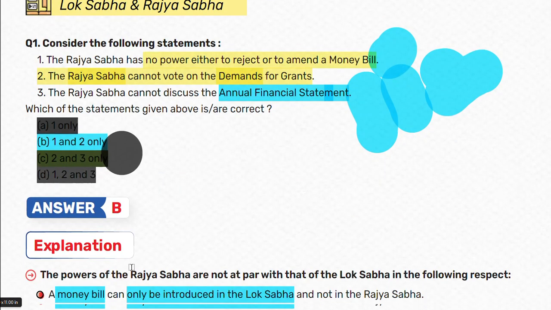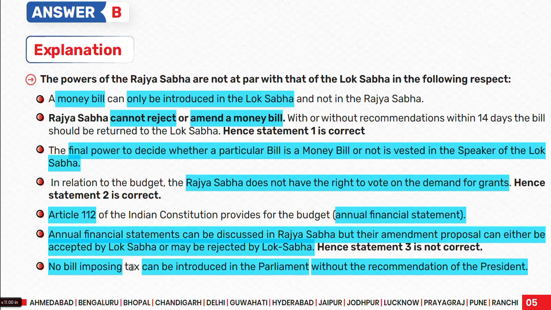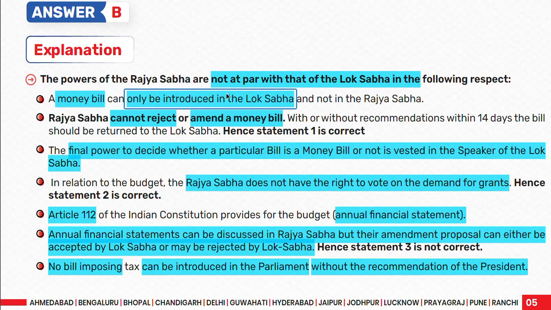Now the explanation. The powers of Rajya Sabha are not at par with those of the Lok Sabha in the following respect. When it comes to a money bill, it can only be introduced in the Lok Sabha and not in the Rajya Sabha.